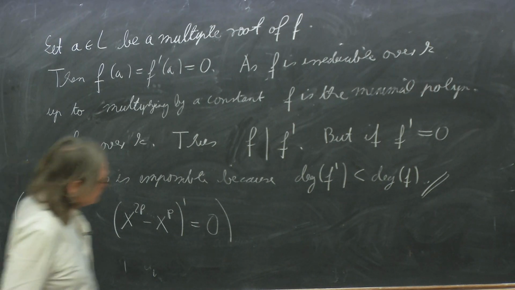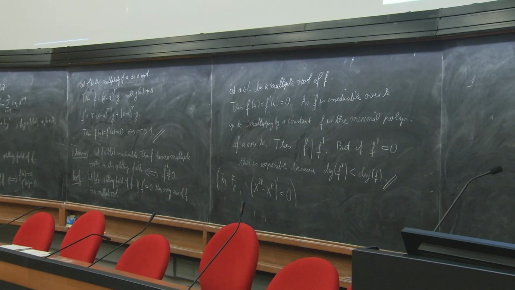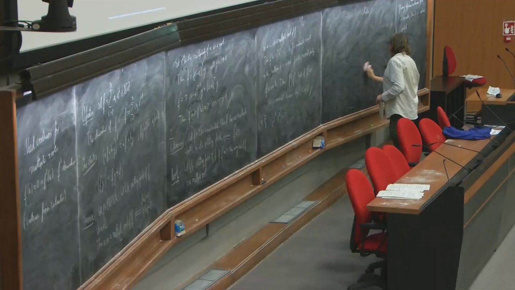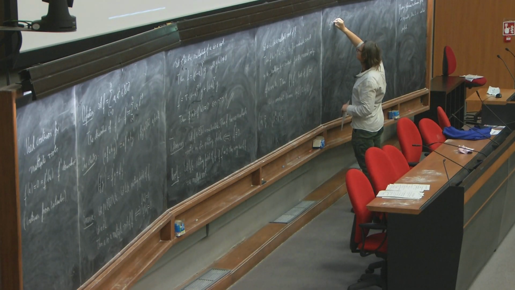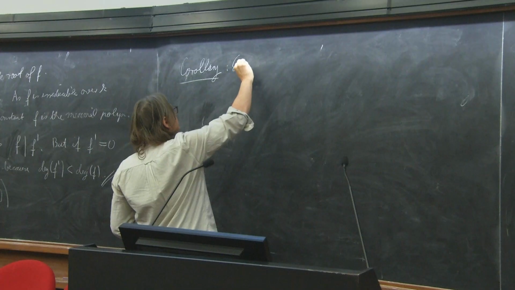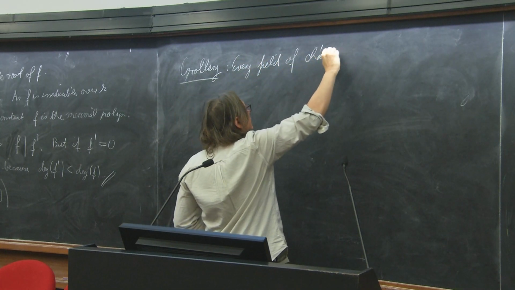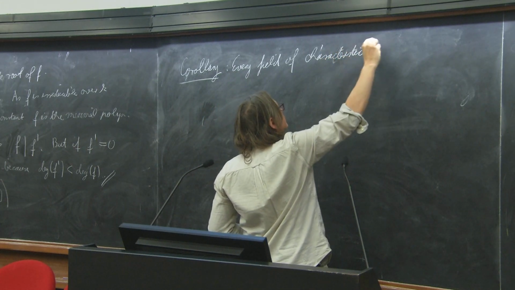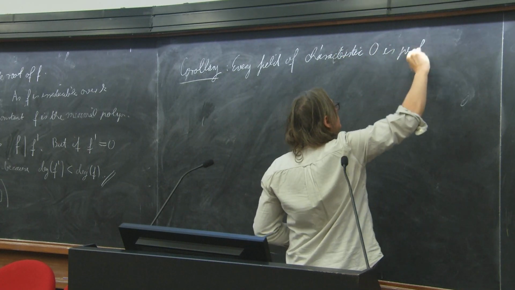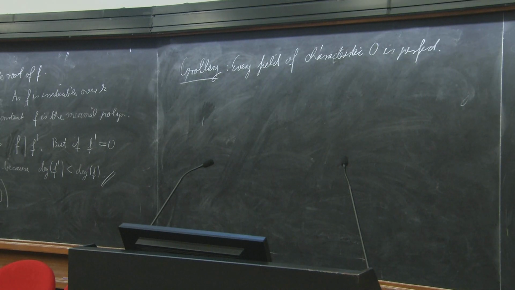Therefore, we get as a corollary: every field of characteristic 0 is perfect, where perfect is a state that every algebraic extension of K is separable.